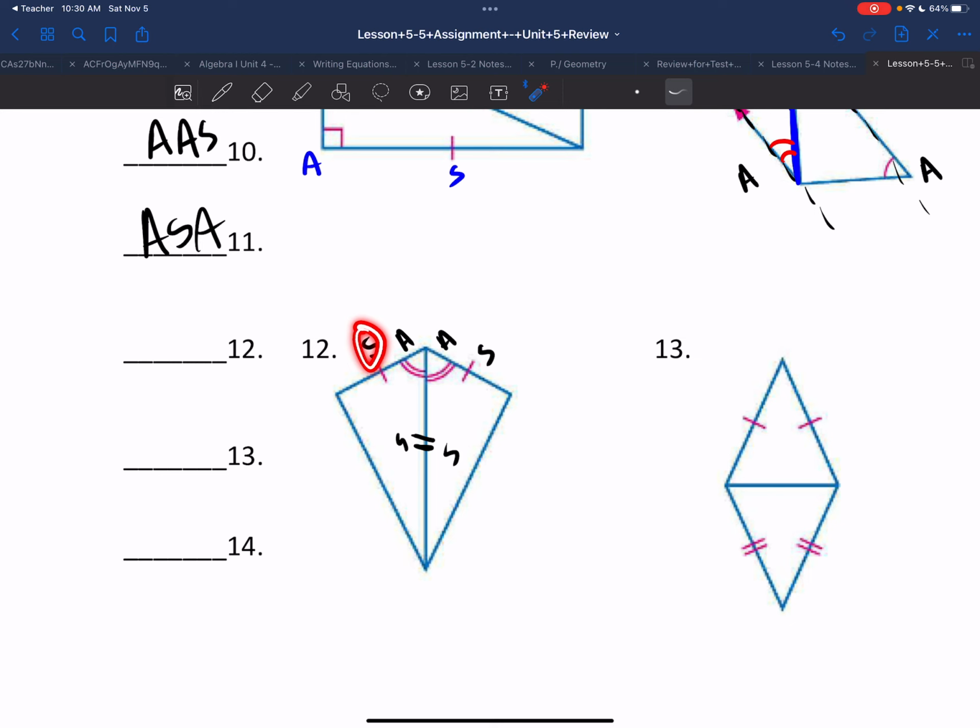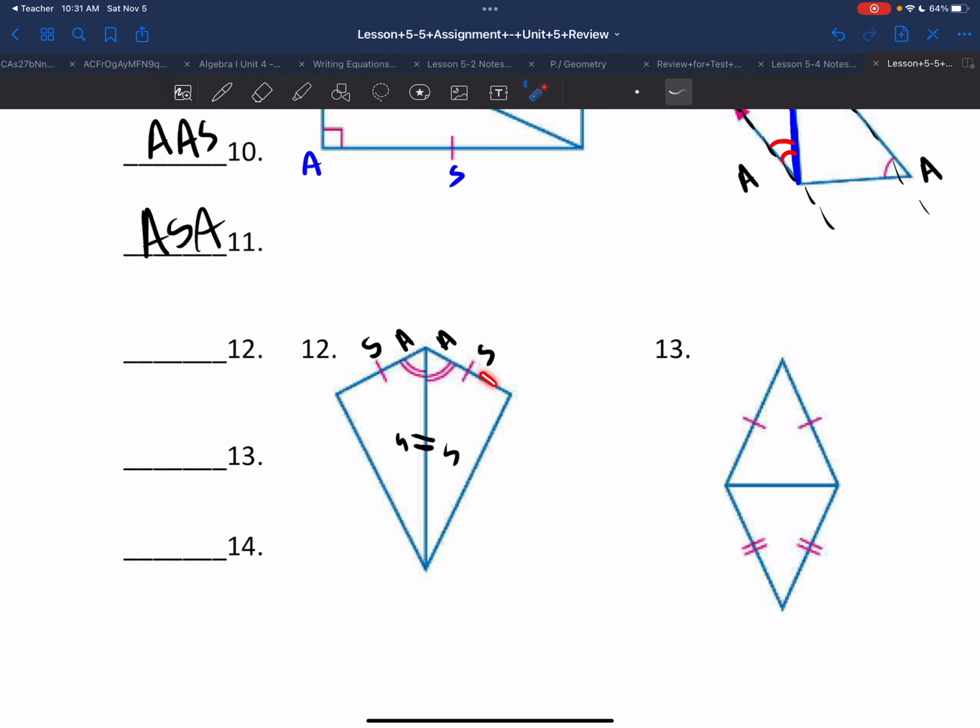So we have a side, angle, side, right? Side, angle, side. The angle is between the 2 sides here, right? And that's the same deal with, wait, hold up, what did I do wrong? Angle, side, side. Oh my goodness. Oh wait, no. It's side, angle, and then side.